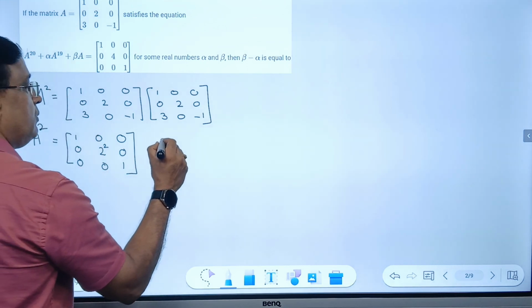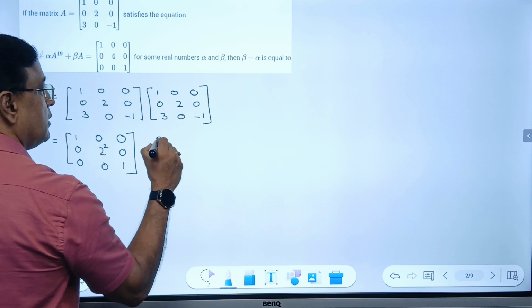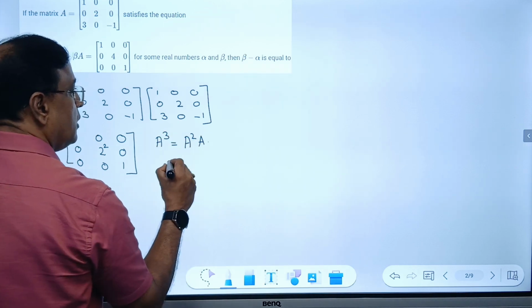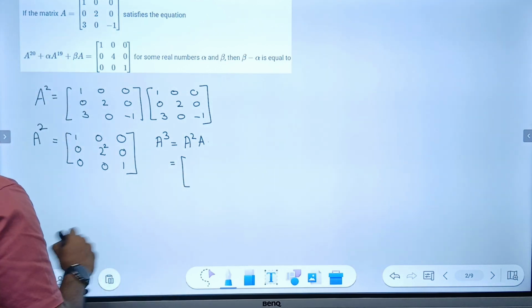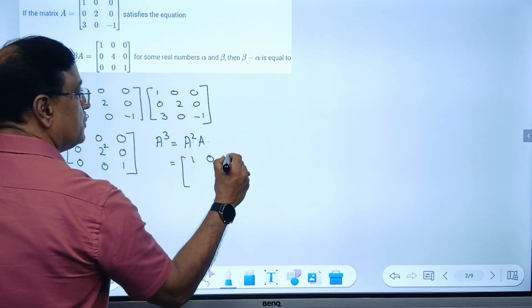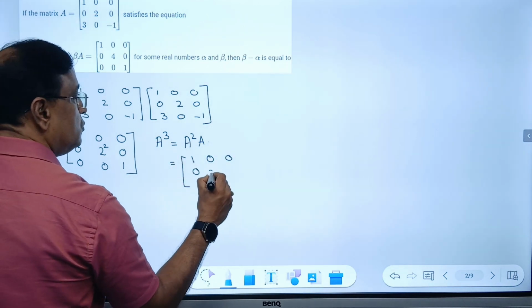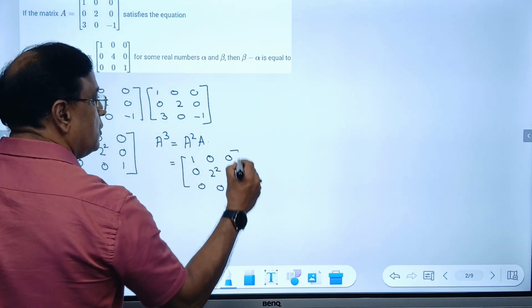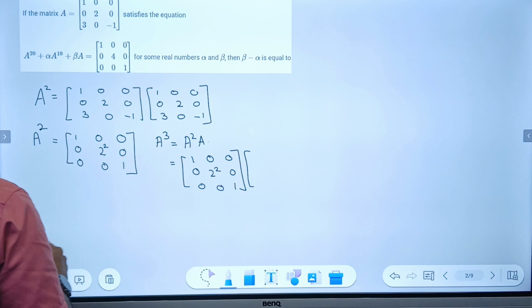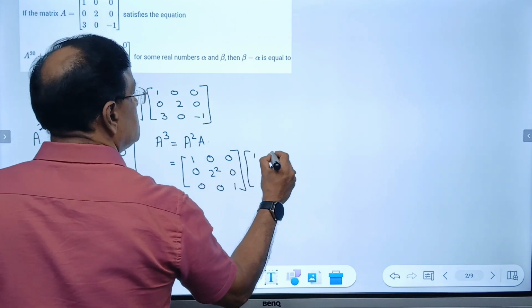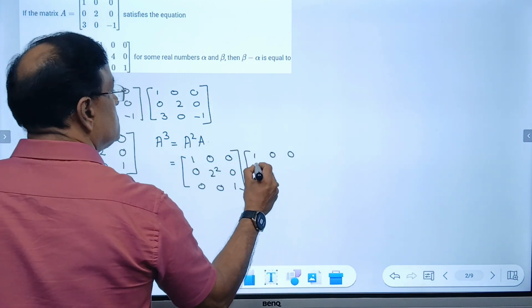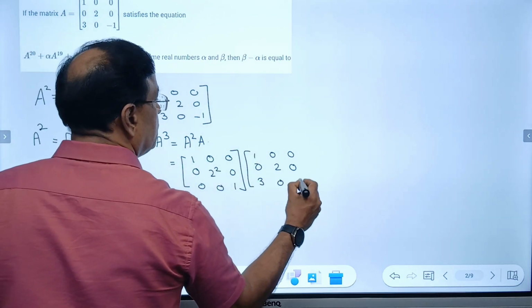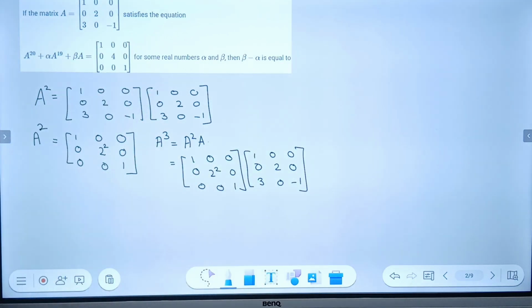Now let's try to find what my A cube is. My A cube will be A square into A. What is A square? A square is 1 0 0, 0 2 square 0, 0 0 1, followed by A, which is 1 0 0, 0 2 0, 3 0 minus 1. Let's multiply this.